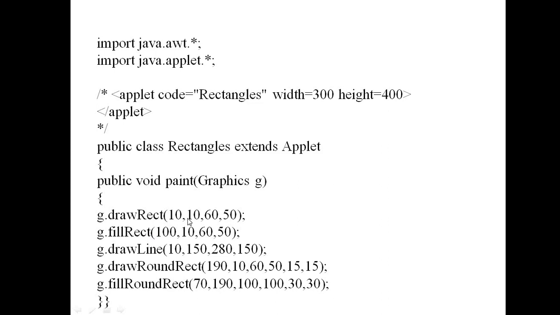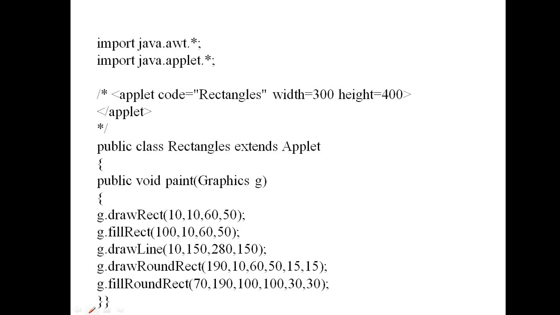So instead of 10 10 as x1 y1 position, x1 is 100 and y1 is 10. So these are the xy coordinates. So 60 and 50 is the width and height values respectively. So this fillRect will be filling a rectangle with a specified color. That might be a default color or already specified color.